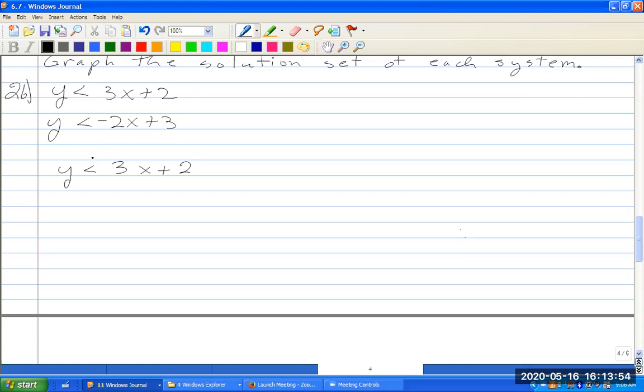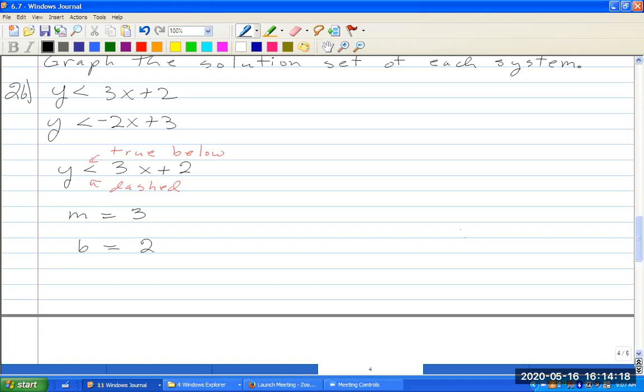This is going to be true below, and this will be a dashed line. The slope is 3, so it's a rise of 3 over 1, and the y-intercept is 2.